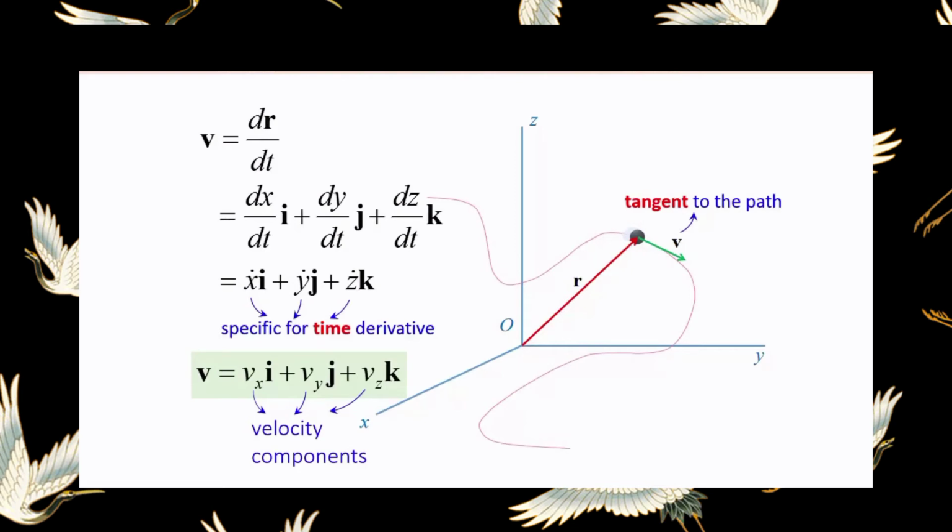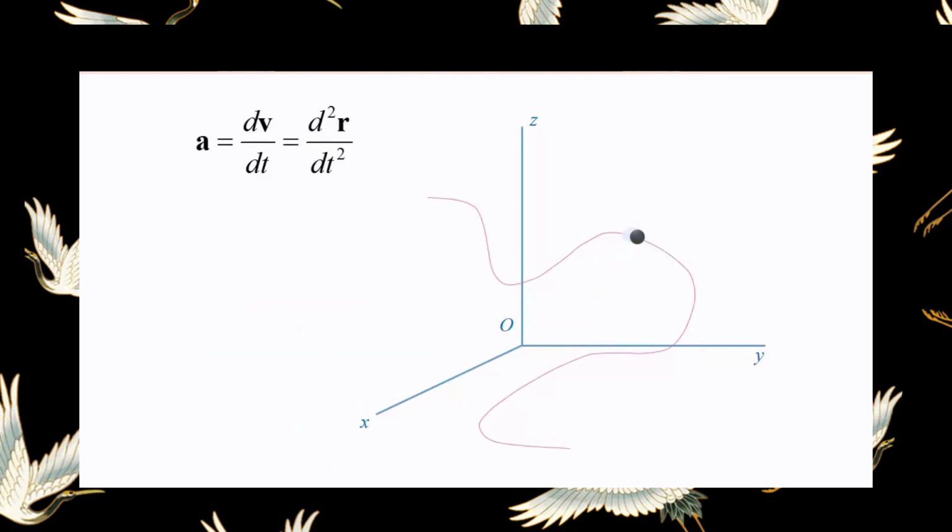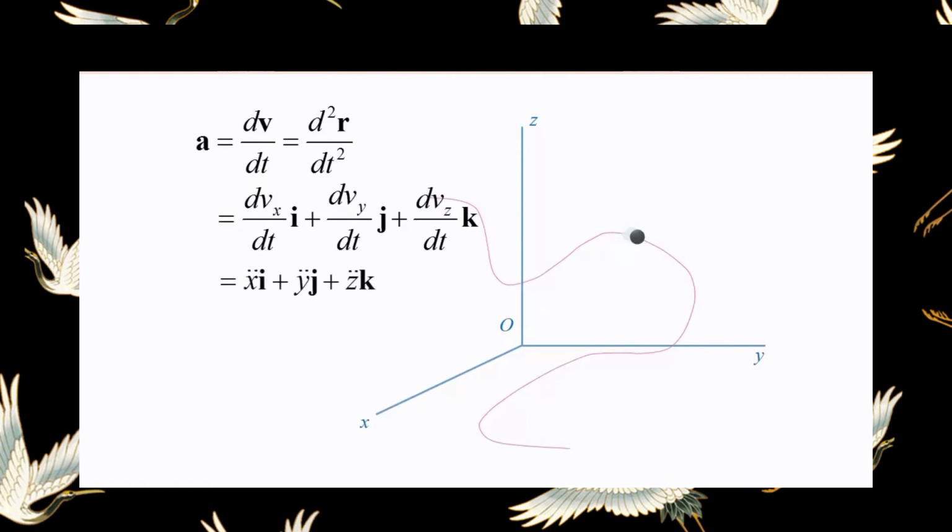Similarly, for the acceleration, which is defined as dv over dt, or the second time derivative of the position, as we are already very familiar with, acceleration equals dvx over dt i plus dvy over dt j plus dvz over dt k, or x double dot i plus y double dot j plus z double dot k. And here the double dots are specific for the second time derivative of a function.